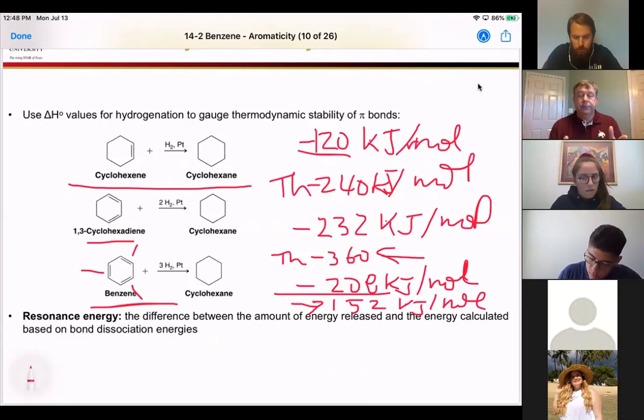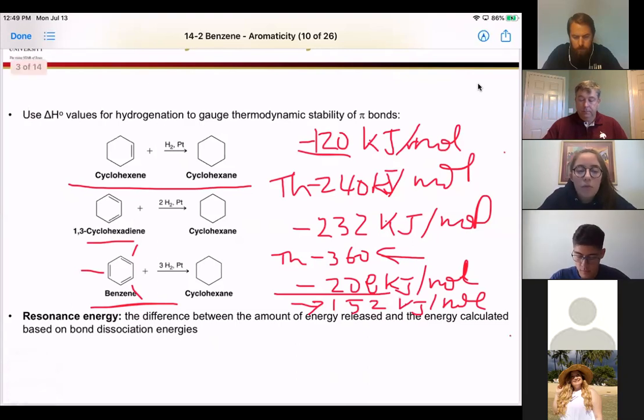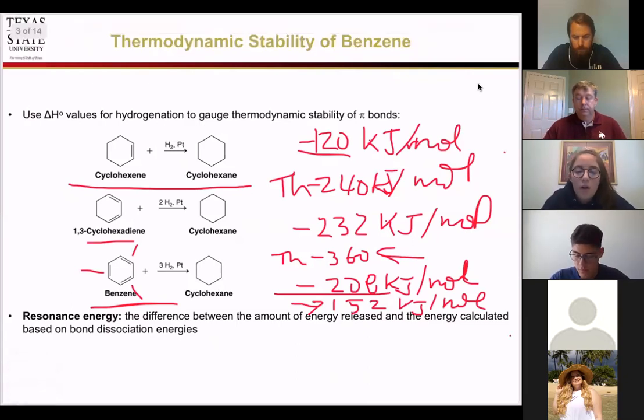Does that answer your question? Yes, sir. Much better. Thank you. Okay. I have a question. Yes. So we say that benzene is really stable because all of the 3 double bonds are in conjugation. So when we say that it's more stable, that means that it has less energy, like in the molecule itself?